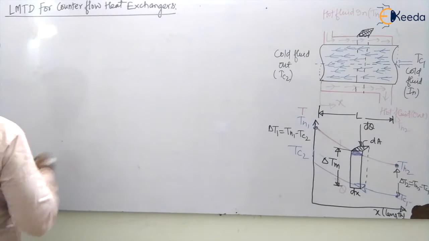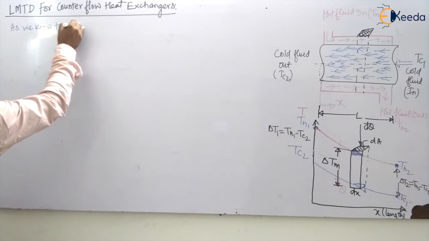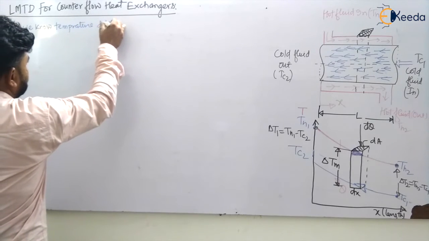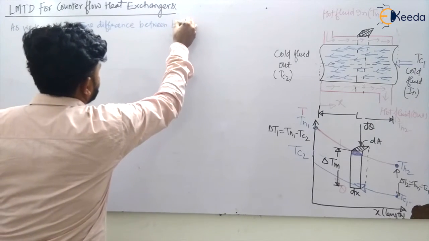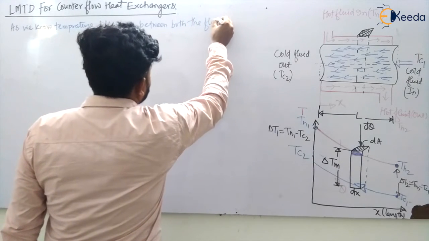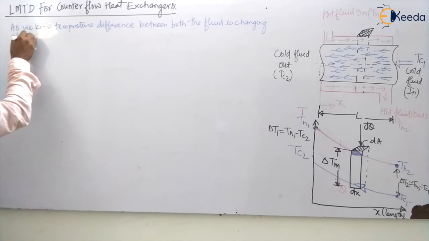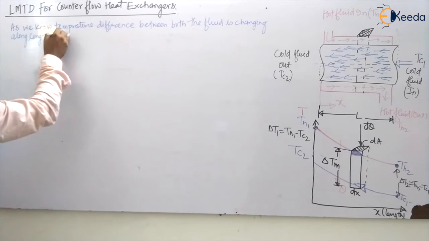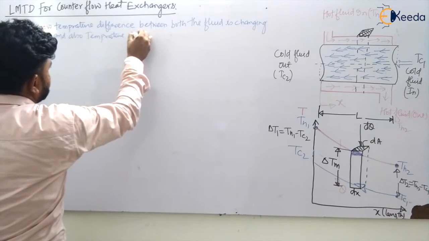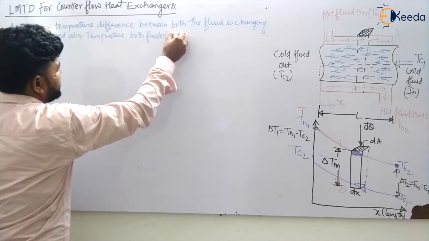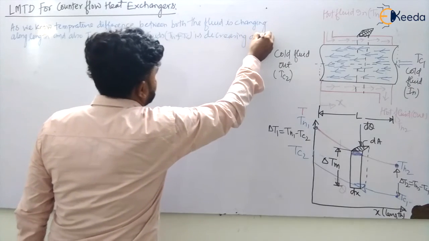So the temperature difference between both the fluids is changing along the length, and also the temperature for both fluids, that is your TH and TC, is decreasing along length x.